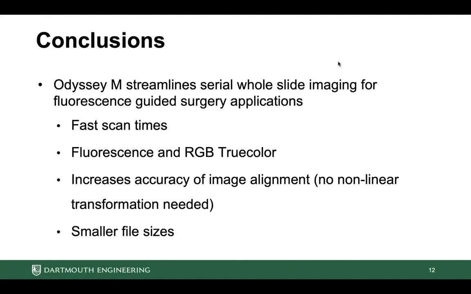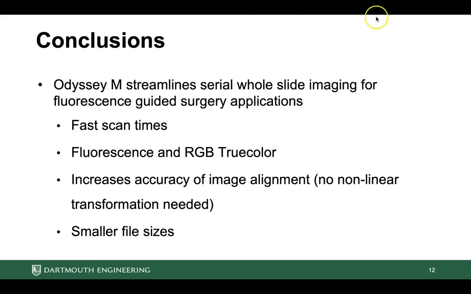It has very rapid scan times using the line scanning feature of the Odyssey M compared to raster scanning of the Odyssey CLX, and other imaging techniques that have much higher but unneeded resolution. We are able to collect both fluorescence and RGB true color, which are highly spatially correlated, and eases our ability to collect information.